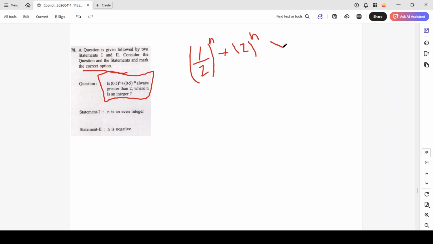Always greater than 2. This is asking always greater than 2, where n is an integer.